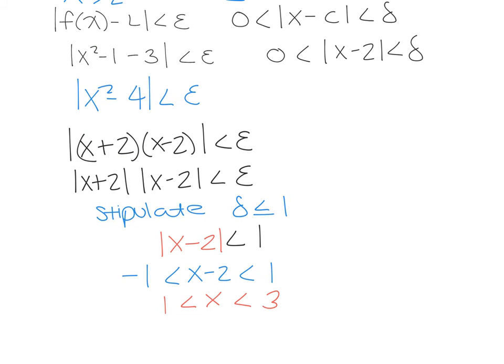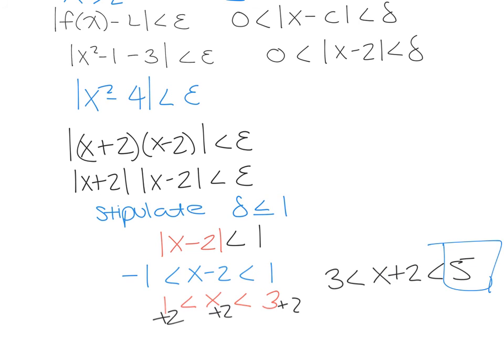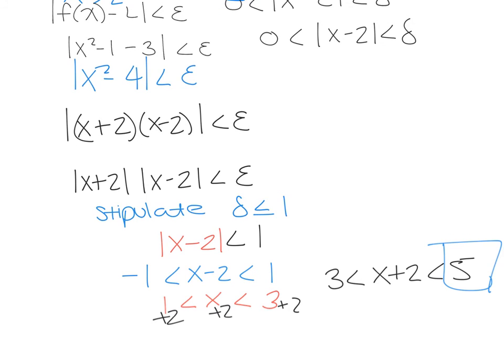When we isolate the variable, we end up with this, and now I want this x to look like x + 2, so I'm going to add 2 to everything, and I'm going to get 3 less than x + 2 less than 5. So now I have what I've stipulated this to be. I always err on the side of caution by choosing this 5, and I'm going to do direct substitution.